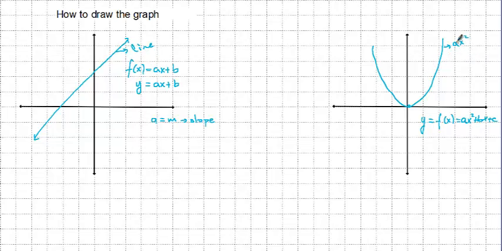If a is positive, it looks up. If a is negative, it looks down. I'm going to explain this one also. So the name of the graph here, I repeat again, and you know this one from quadratics, is parabola.